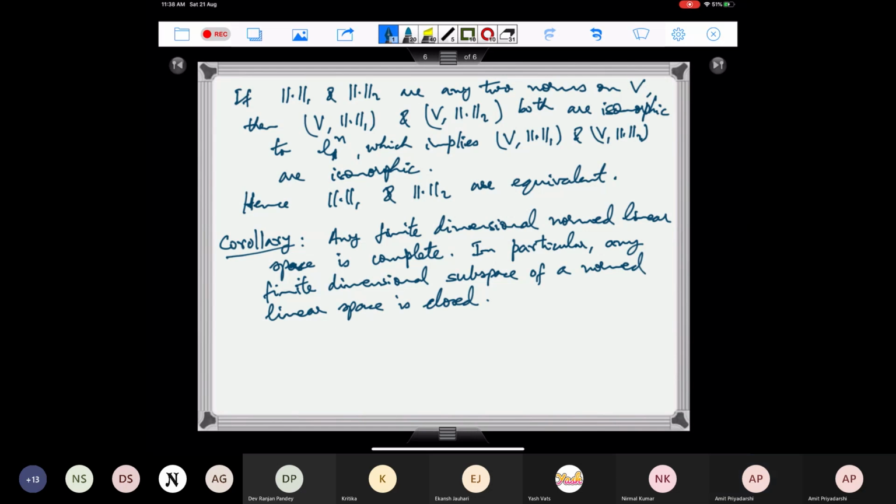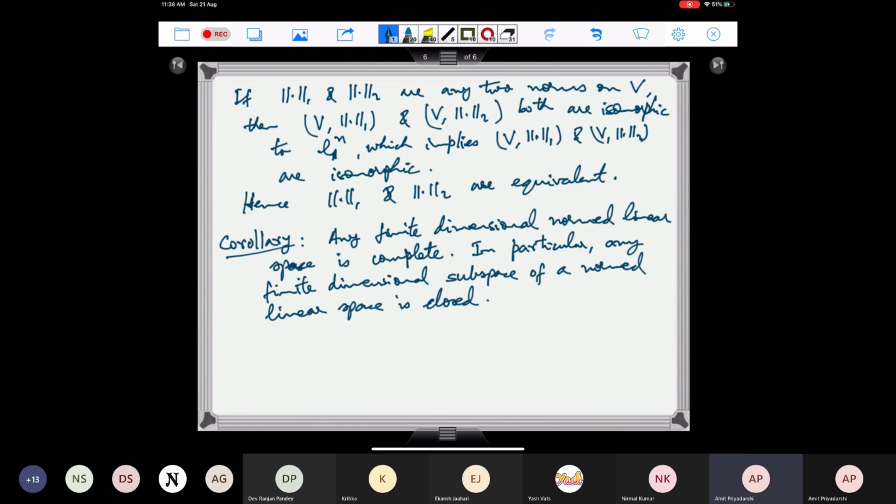And the other one follows because if we have any finite dimensional subspace of a normed linear space, then that is a finite dimensional normed linear space, so it must be complete, and any complete subset of a metric space must be closed. So we get this.